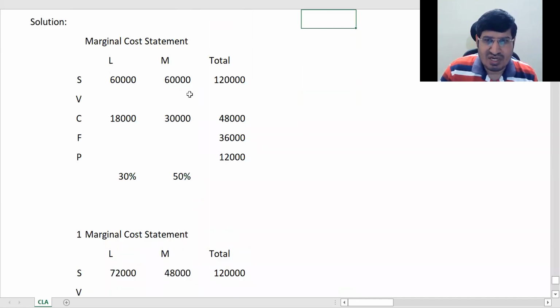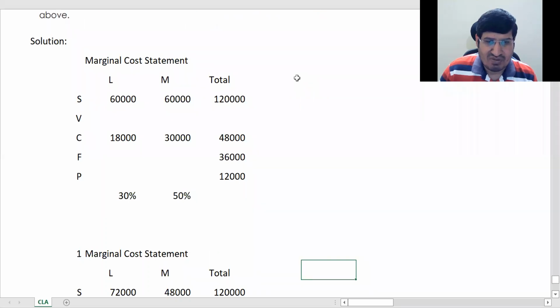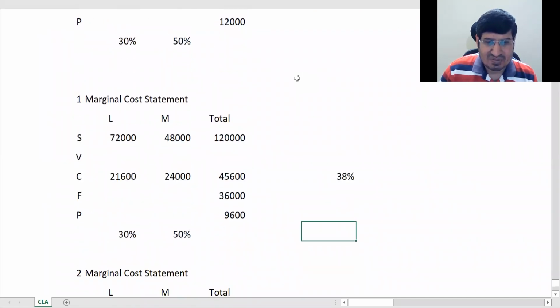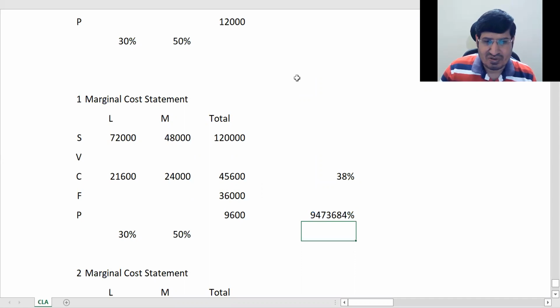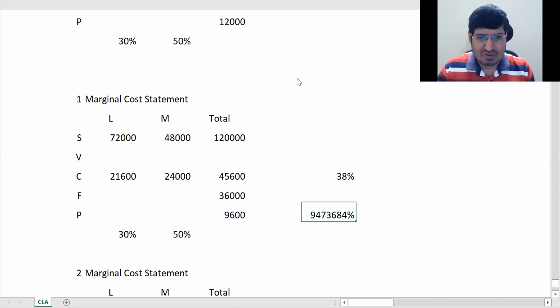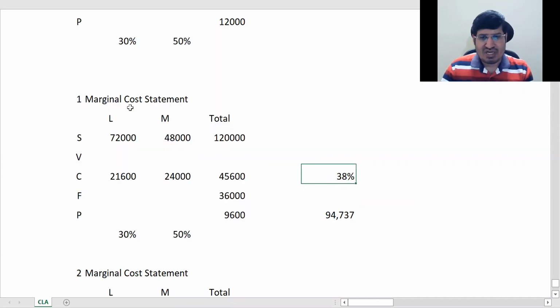The last thing you need is break-even point. How much will it be? In both cases, it will be F upon PV ratio. So your break-even point will be F upon PV ratio. Here it is this much.